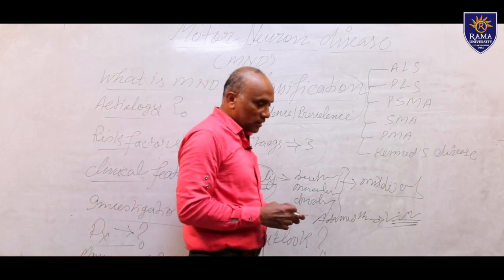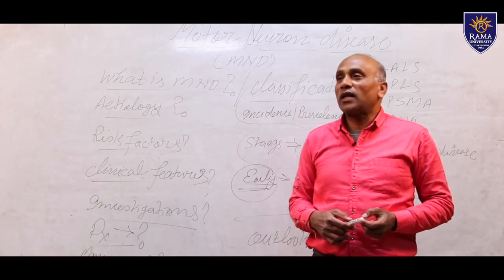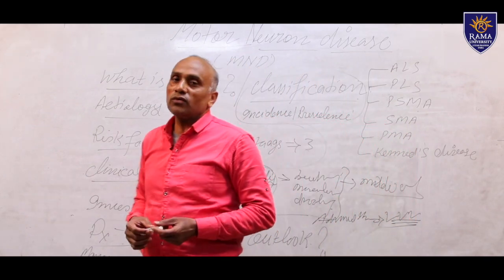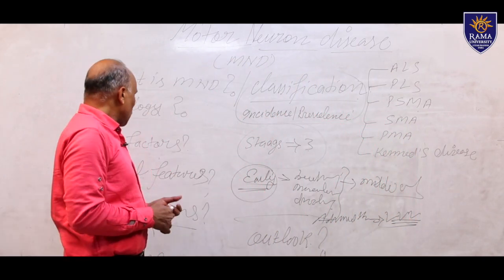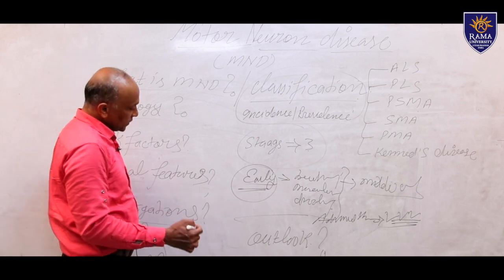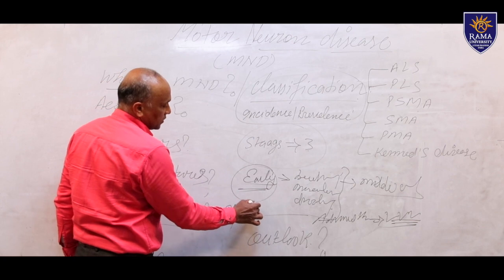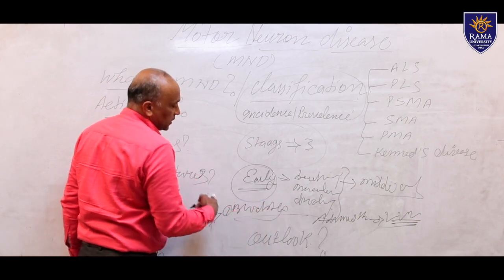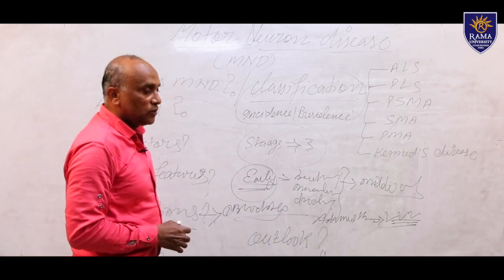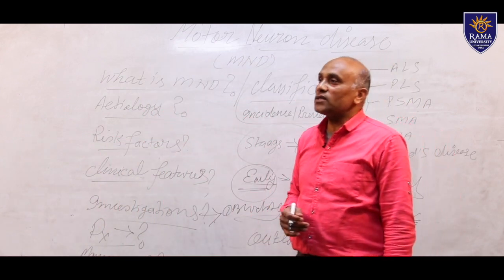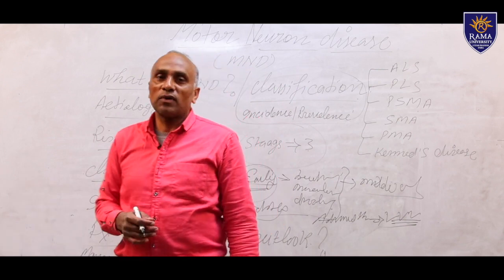Next is investigations. To diagnose this condition, we have to follow some criteria. We go through the investigations, of which the first is the blood test. Why a blood test? Because in this condition there is muscle weakness due to the breakdown of muscle fibers.